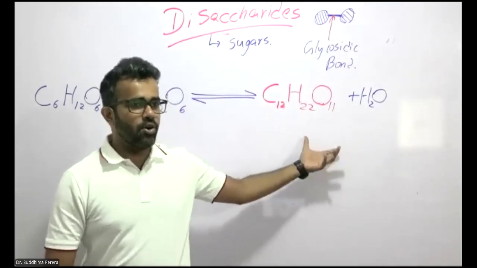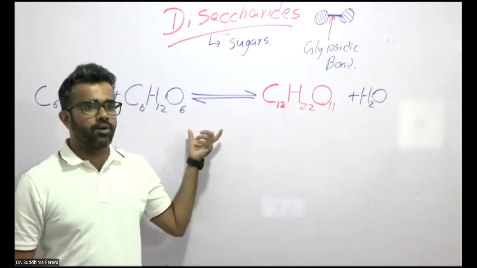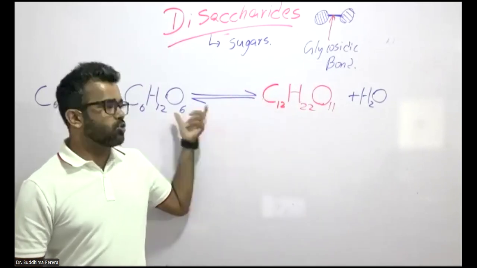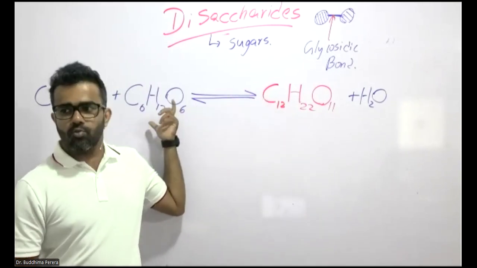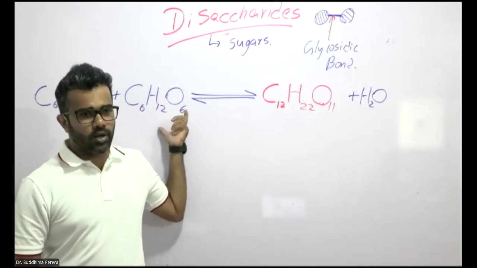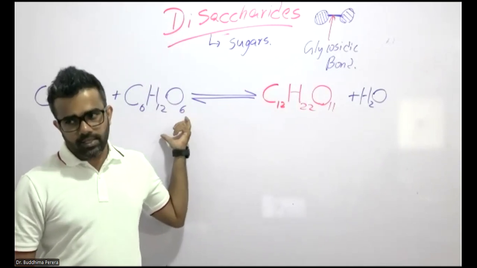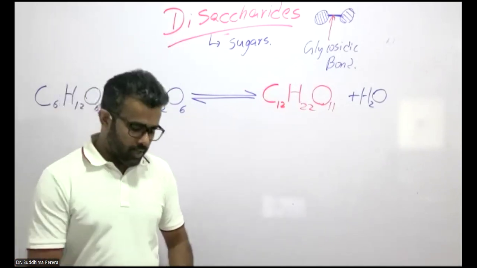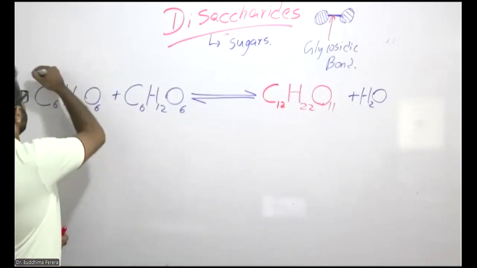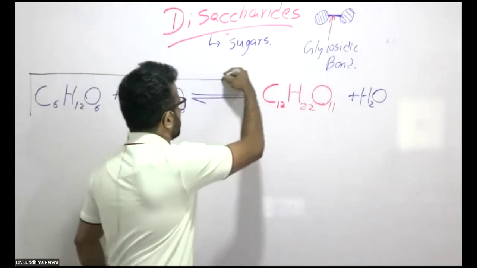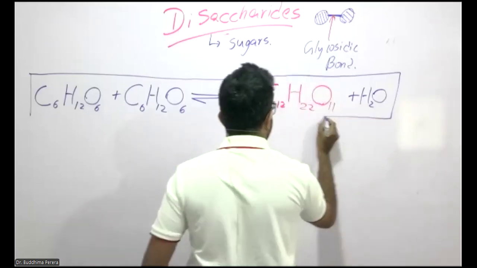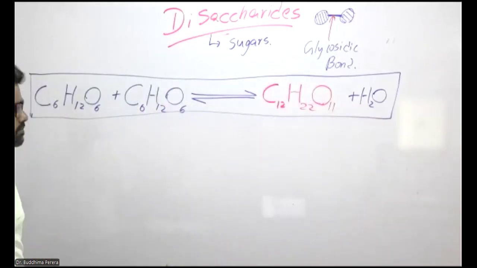This is valid for disaccharides made up of hexoses, like glucose, fructose, galactose. But anyway, you have to remember this equation.